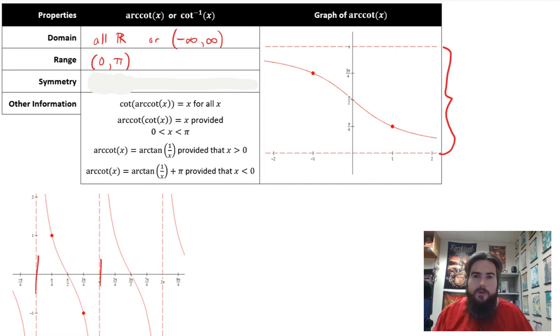For arctangent and arccotangent, that's not true. For arctangent, it's from negative pi halves to pi halves non-inclusive, whereas arccotangent here is from 0 to pi non-inclusive. That means arctangent can result in answers in quadrant 1 or 4 of the unit circle, whereas arccotangent can result in angle measures from 0 to pi, which is quadrant 1 or 2.